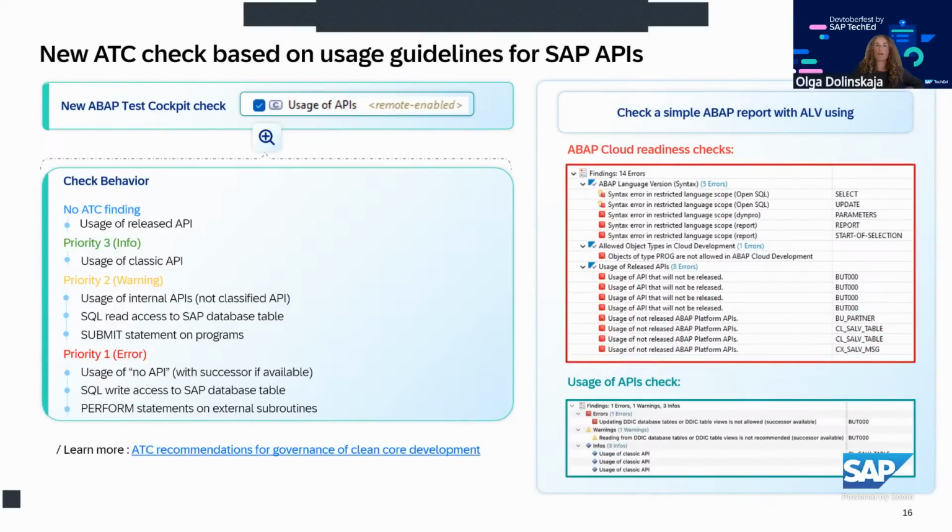So, for example, the ABAP language version of objects and allowed object types in ABAP Cloud developments, these ATC checks are now excluded from the check procedures for the clean core, because the compliance of ABAP Cloud is not necessary for classic ABAP development. And all these checks are just replaced by the usage of APIs check, and therefore the findings go down.